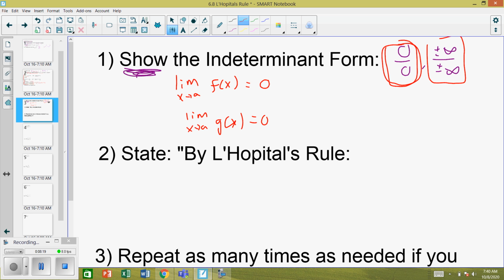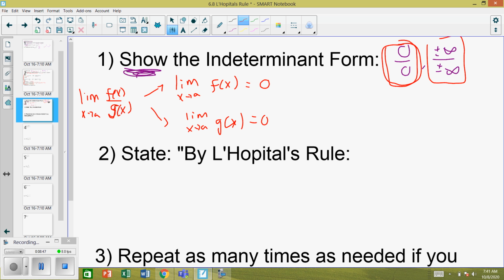So if you're starting off with the limit as x approaches a of f of x over g of x, you have to separate the limits and say the limit of the top equals 0, the limit of the bottom equals 0, and that is enough information to determine that we're in indeterminate form.